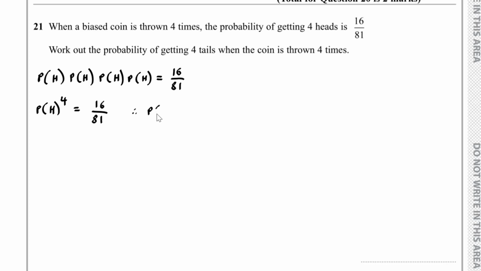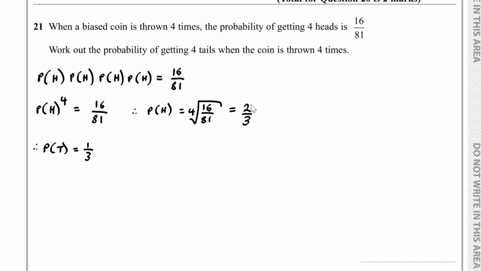Therefore the probability of a head is the 4th root of 16 over 81, which is 2/3. So the probability of a tail is 1/3.